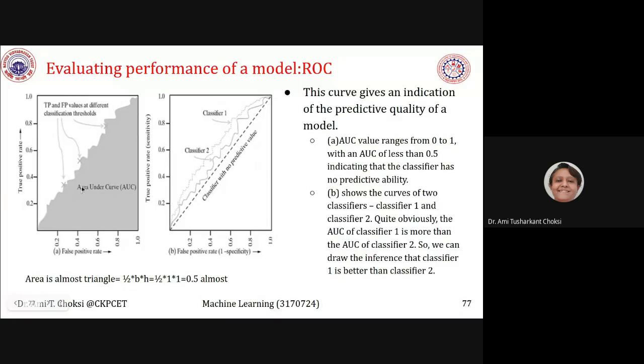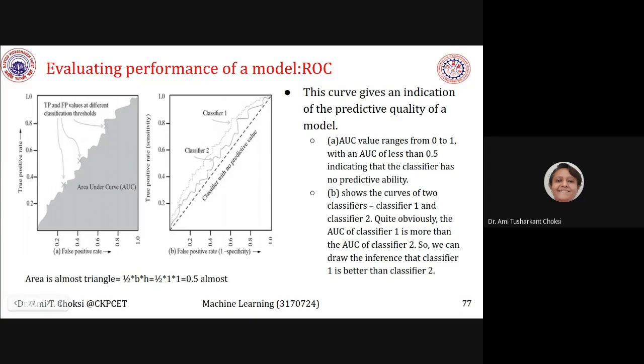Now what we can see here, this is true positive rate, this is false positive rate, and this is the curve. The gray portion is the area under the curve, isn't it? If I want to find the area of this, can we say that it looks similar to a triangle?